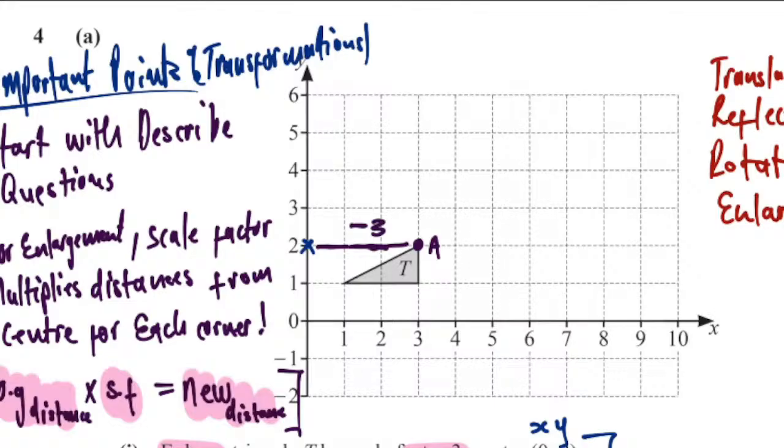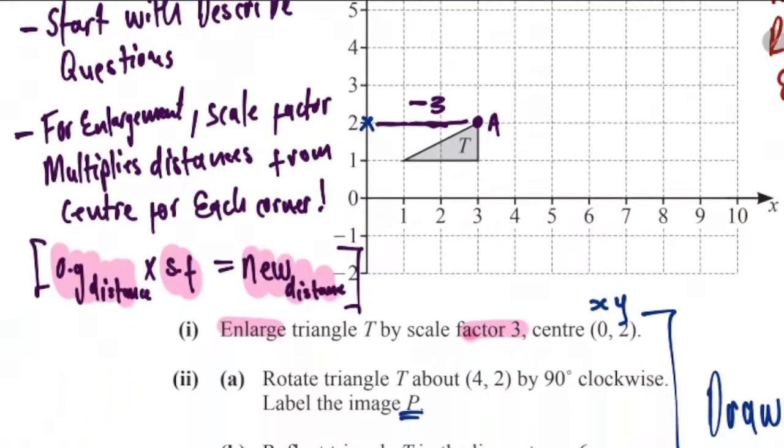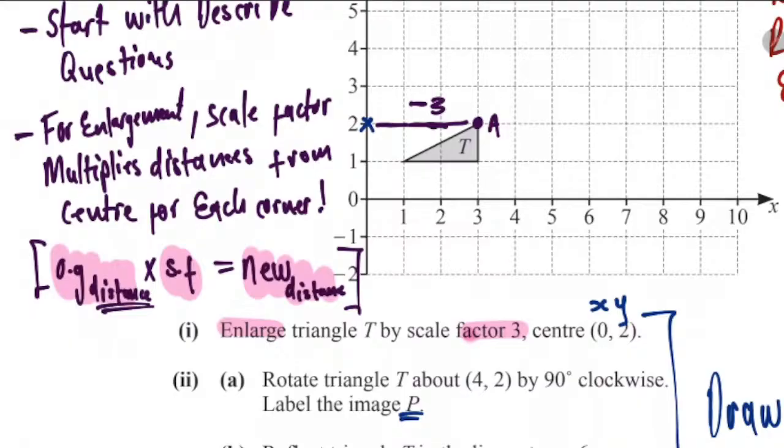If you want the new distance to get to the new A, you take this distance from the center and multiply it by the scale factor to get the new one. Because you don't know where the new shape is, the only way to know is to find the original distance, from the original shape to the center of enlargement.